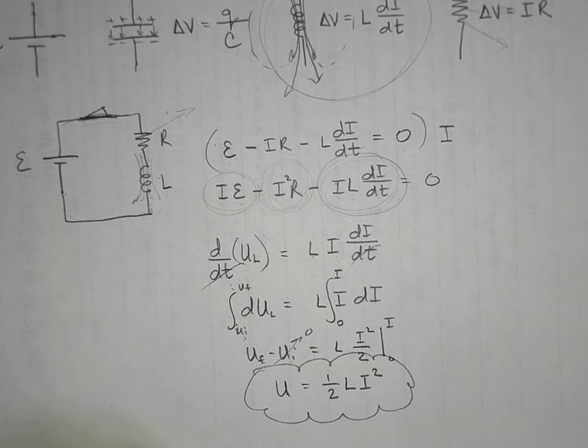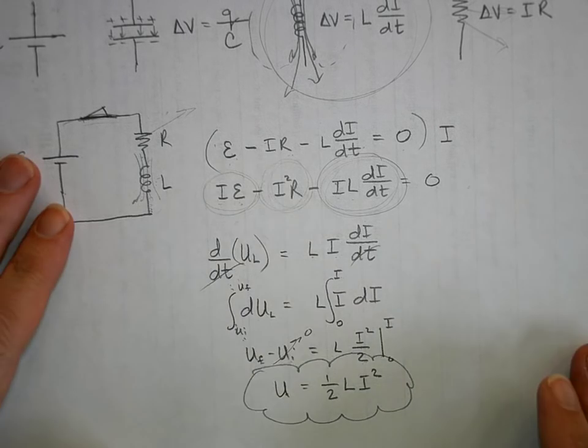Okay? Now, we're going to use this to figure out something very interesting. In other words, we're going to see that if you have a magnetic field, there is just energy stored in that magnetic field. Now, we did the same sort of thing with electric fields, but now we're going to do it for magnetic fields.